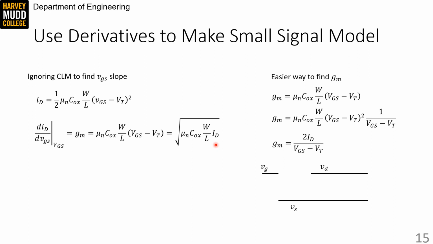Fortunately, we can find an expression for GM that makes our life easier. I've started with our GM expression from the left column, and then in the second step here I've multiplied by the overdrive divided by the overdrive. So one factor of the overdrive got absorbed in here, and we have 1 over the overdrive over there to make sure things stay calculated correctly.